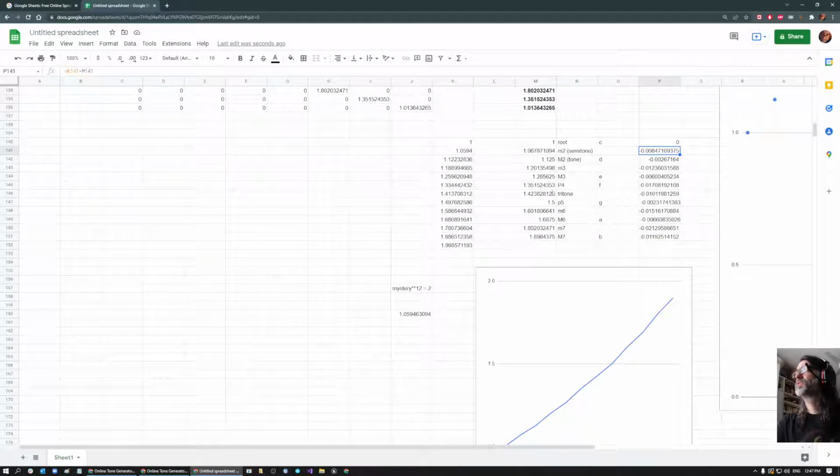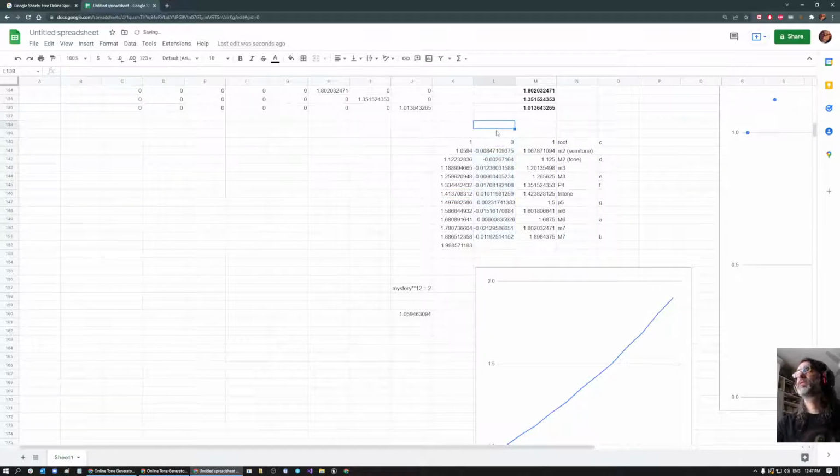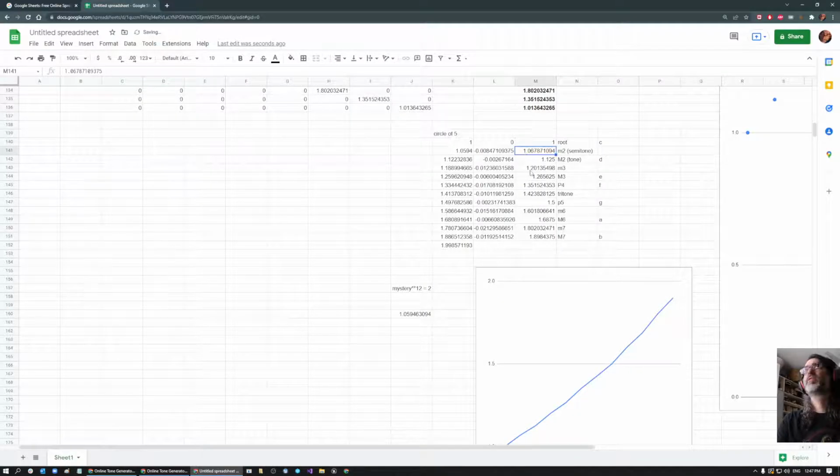Okay, so what we want to do is let's move this error. It's the difference between these two numbers, so let's put it in between. So that's coming from the circle of fifths, and this is coming from our mystery.